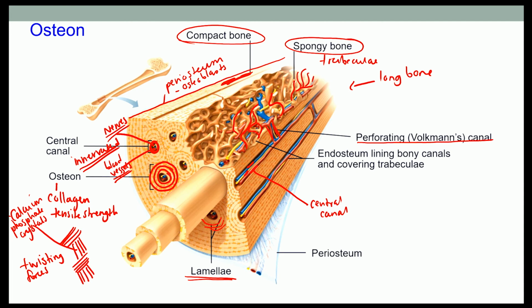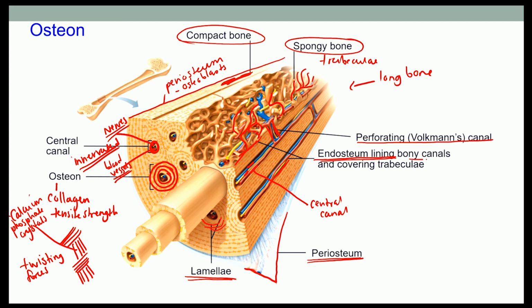I mentioned it before, surrounding our compact bone we have the periosteum, and that's where we have our osteoblasts and our bone lining cells, which help build and maintain bone. And then lining the inside of these osteons and also the trabeculae, we have the endosteum lining.